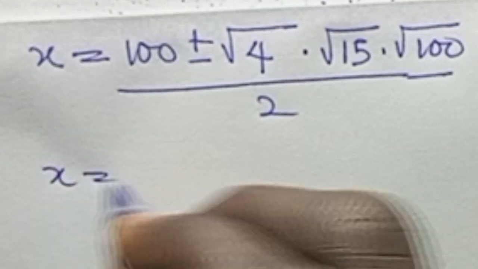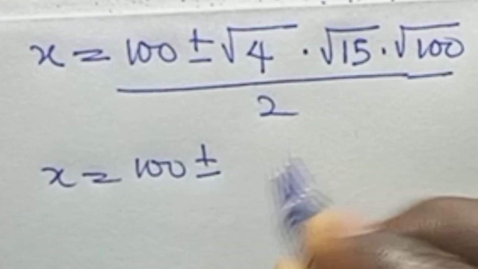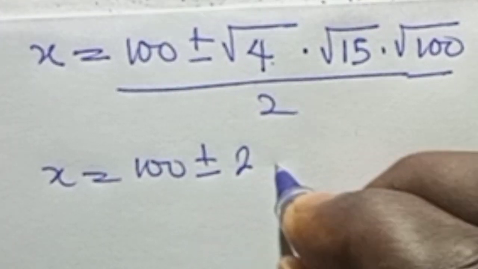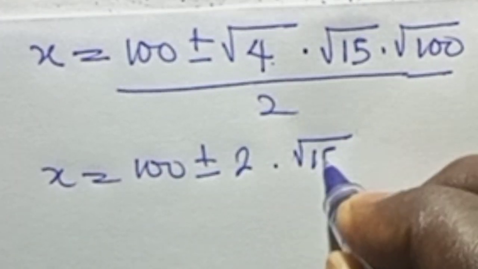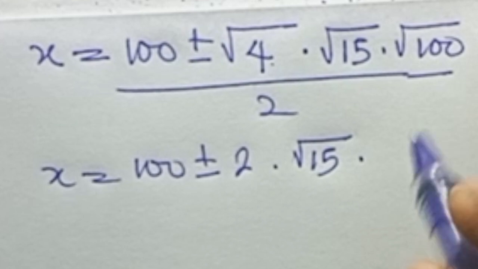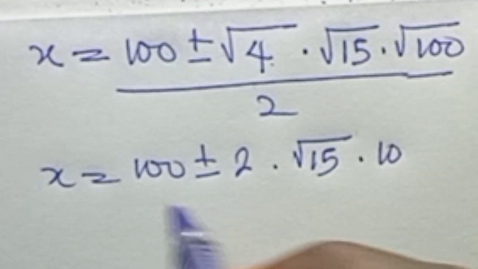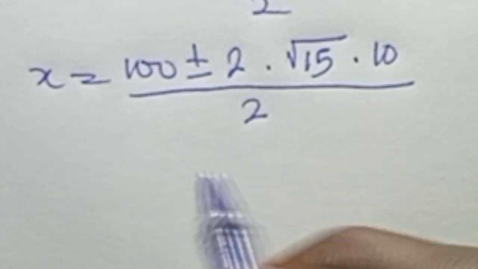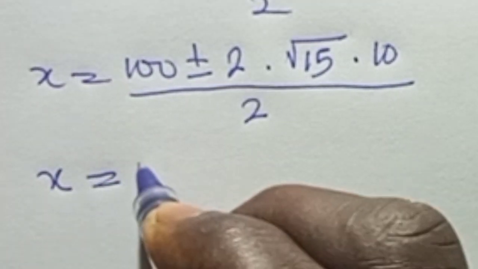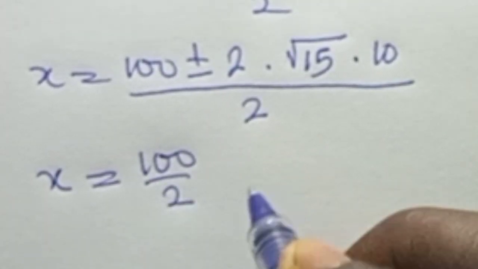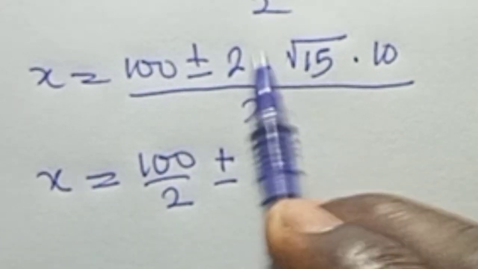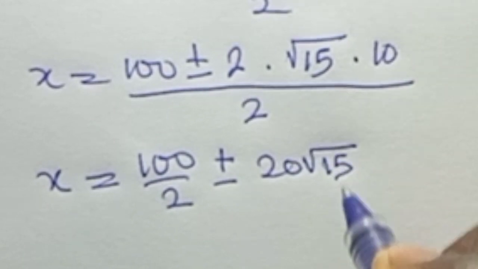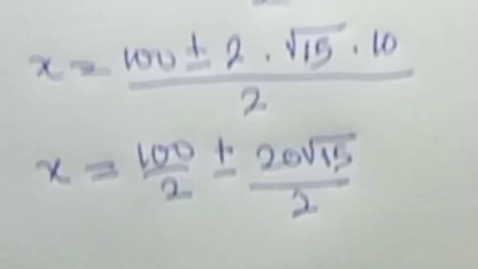Here, x will be 100 plus or minus. 4 is a perfect square and the square root of 4 is 2. 15 is not a perfect square. 100 is a perfect square. Square root of 100 is 10, all over 2. So if we do this very well, we have x to be 100 over 2 plus or minus 2 times 10, that is 20 square root of 15, all over 2.